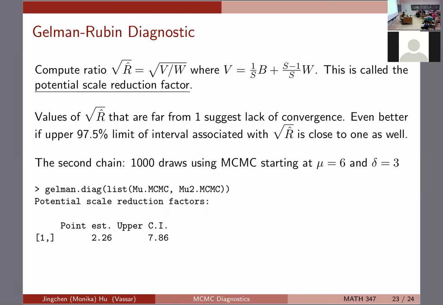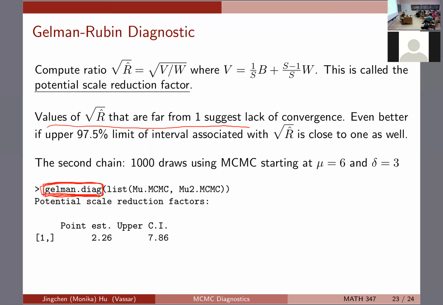As a rule of thumb, it should not be that far from 1. If you run multiple chains and then use this particular command, you'll be able to get the diagnostic. The general idea is that it shouldn't be far from one. If it's far from one, it suggests a lack of convergence. Again, the rule of thumb is 1, so whether 2.206 is too far or too low.